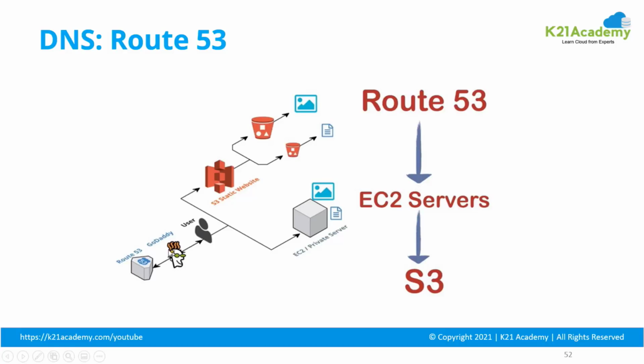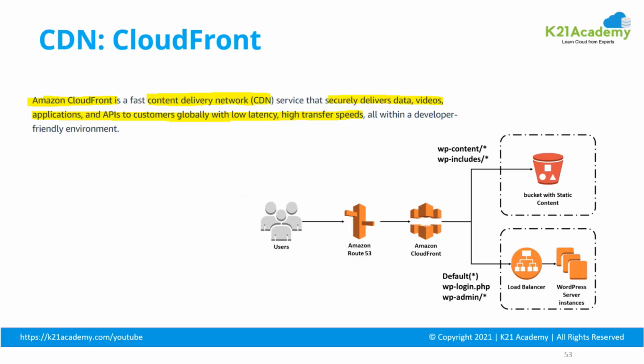So this is a user getting the route from Route 53 and then forwarding the request. Route 53 will have, say, some content coming from my static website, which is stored on S3 buckets, and another piece of data, which is dynamic, coming from EC2. So Route 53 is nothing but a DNS service in AWS.